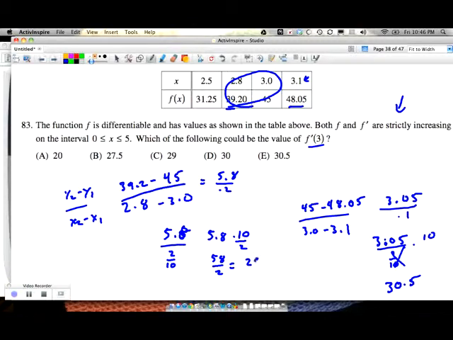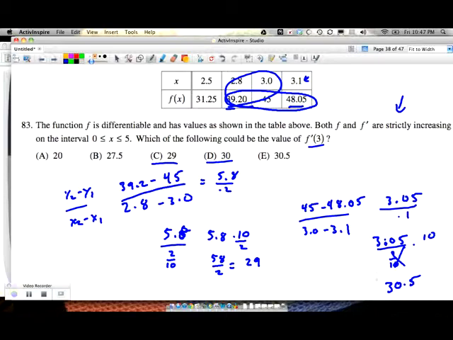No, not 34. 25 plus 4, about 29. Okay, so I'm inclined to say that it's either about C or D. Now, if I know it's strictly increasing, I might even be inclined to look at the difference from 39.2 all the way to 48.5 and take a more general slope kind of going there.